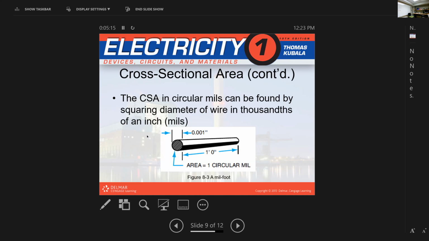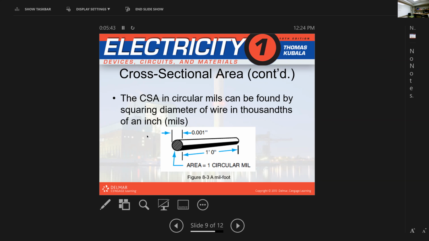And a mil foot of wire is this: it's one strand of wire, about like a piece of hair, that only measures 1/1000th in diameter. If you measured it with a micrometer or a caliper, that piece of copper wire would only be 1/1000th of an inch in diameter. So when you square that number, it becomes the circular mil, and that's what we use in our formulas.